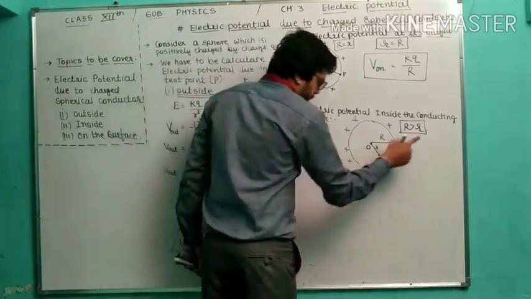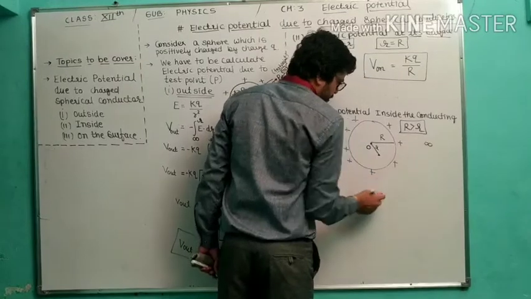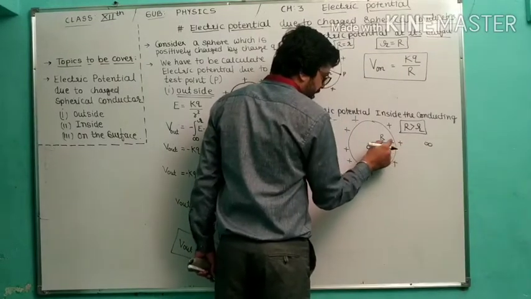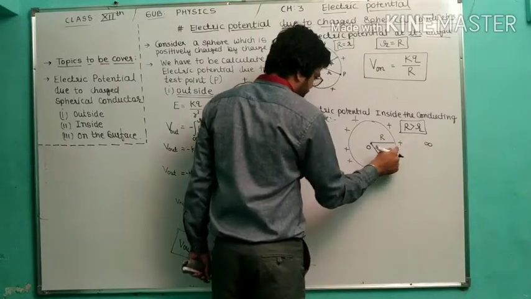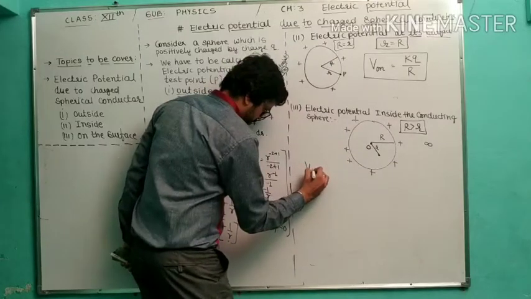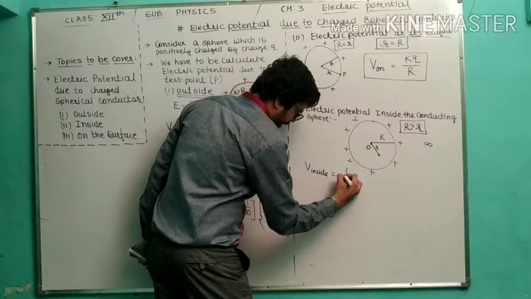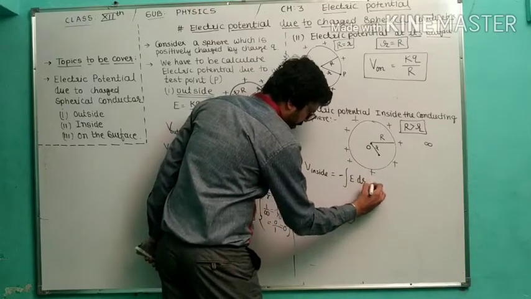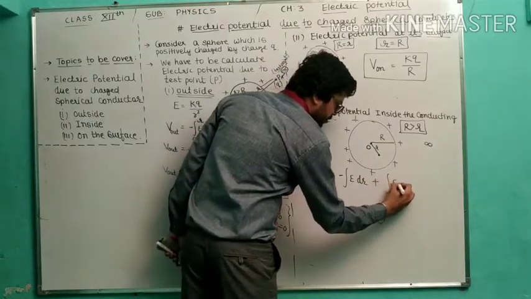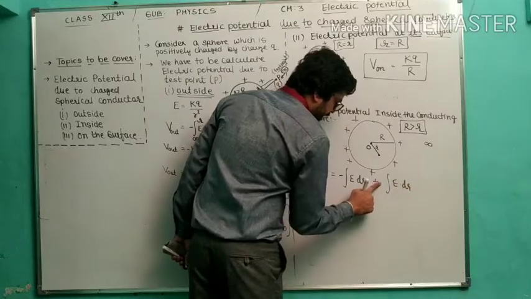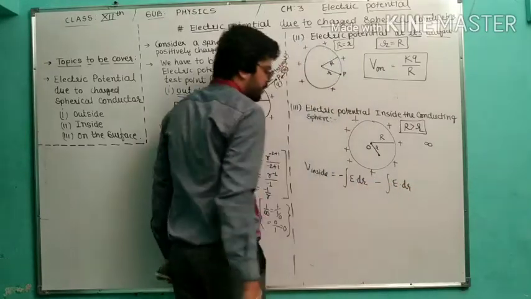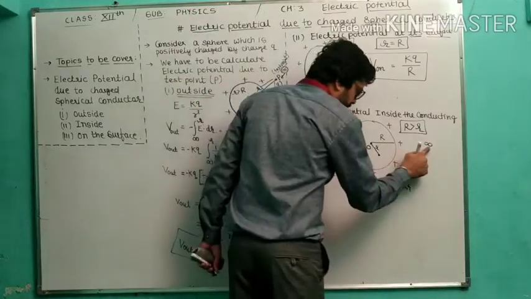See, we are bringing a charge from infinity, first to R. So V inside is the integration of negative E dot dr, and the negatives make it positive.